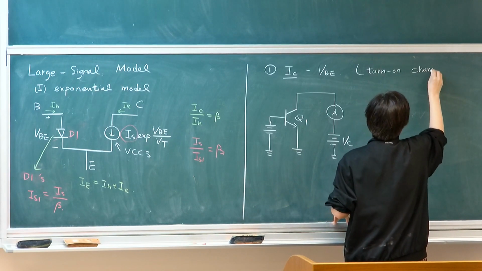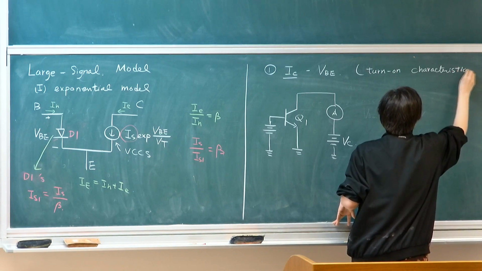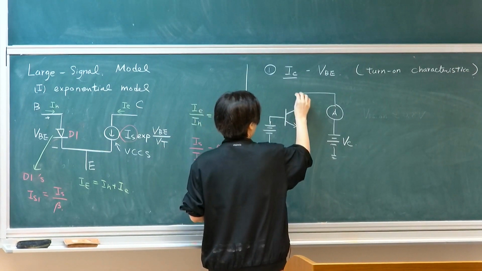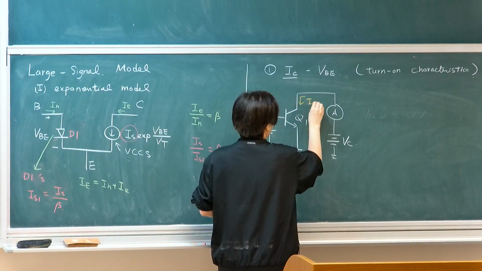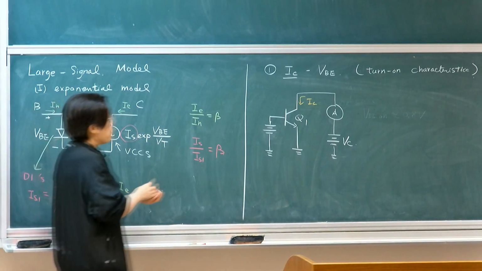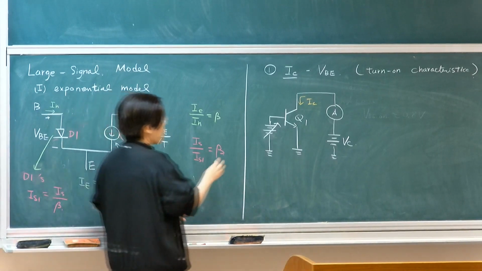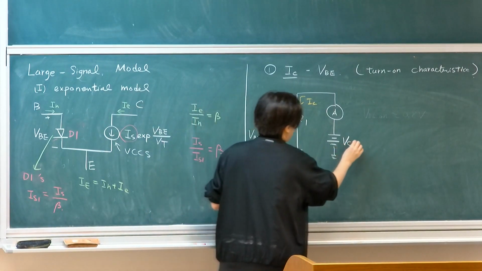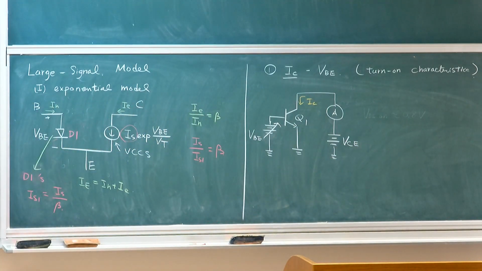You want to see how well it's being controlled. So we measure collector current. What is being measured through the ammeter is the collector current. Then you ramp the input, which is VBE. So we ramp VBE at a constant VCE, the collector to emitter bias.